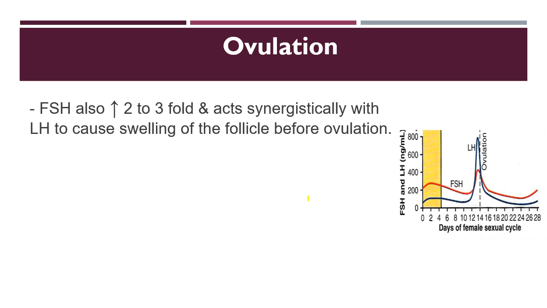As you can see here in the graph, this is the LH surge. The increase of about 8 to 16-fold of LH is accompanied by an increase in FSH, about 4 to 6-fold. This will cause a swelling of the follicle just before ovulation, and that takes place about 16 hours before ovulation.